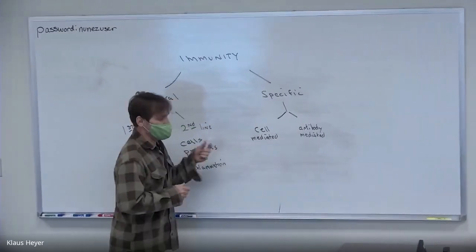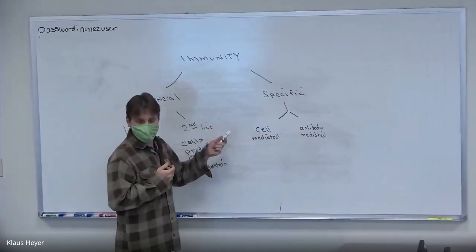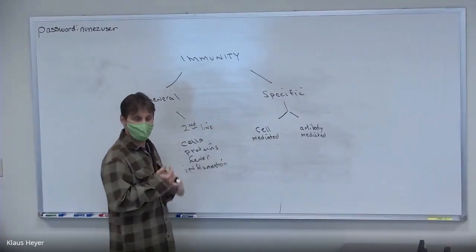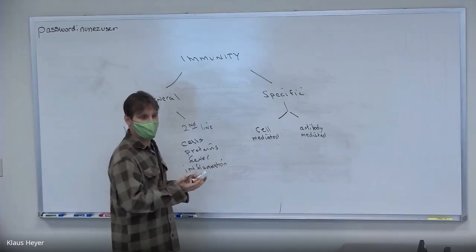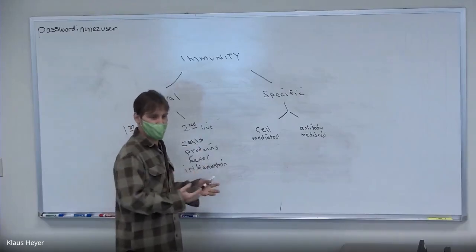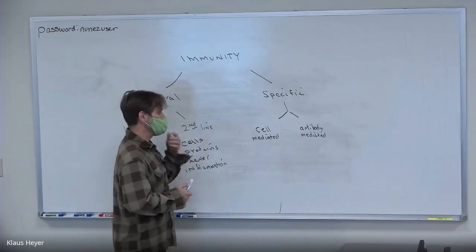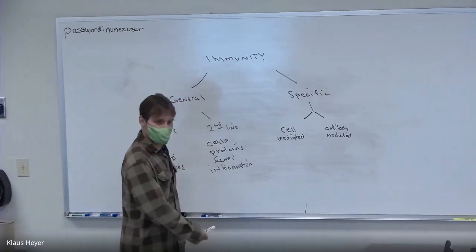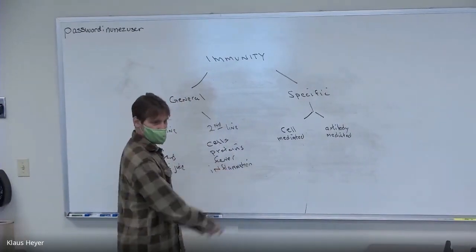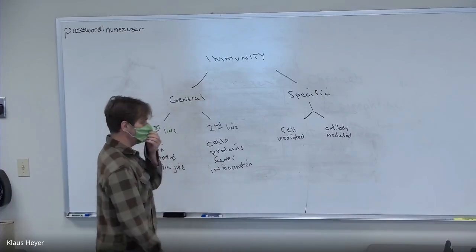By the way, I never even mentioned it, but some of those helper T cells, some of those B cells, are called memory cells. After the battle's over, they're like the veterans. They stick around and they remember. So if Nazis ever come back, they're like, oh yeah, we know who that is.